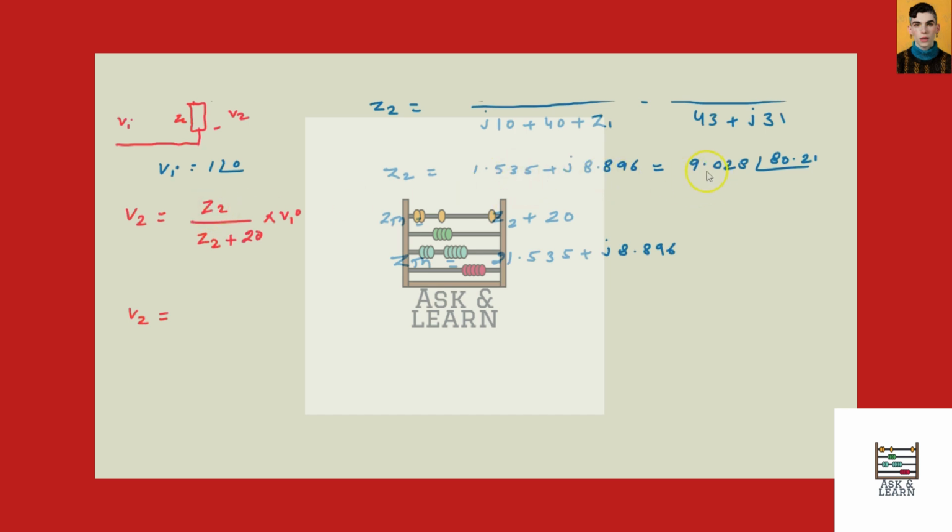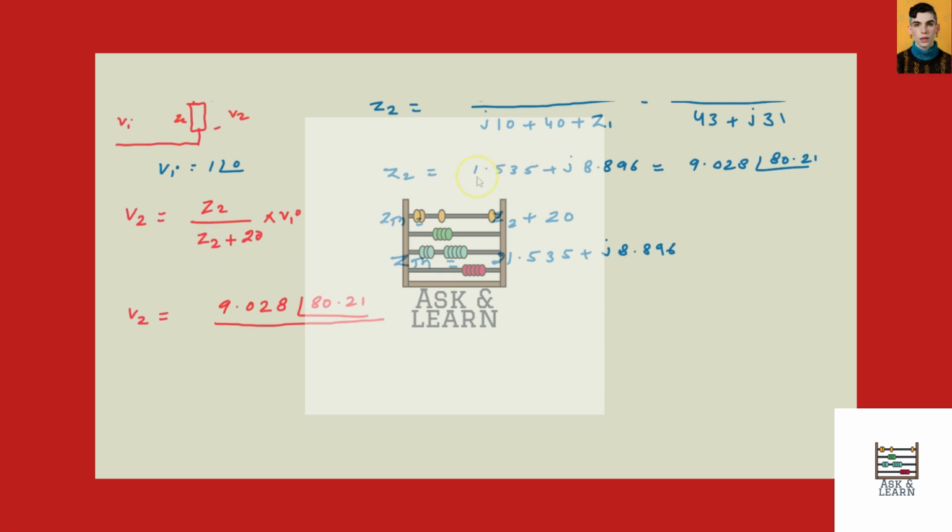Z2 is 9.028 angle of 80.21 upon Z2 plus 20. So we use the complex value here. Why? Because there is a summation sign. Okay. So it is 1.535 plus j8.896 plus 20. So we can write directly here.